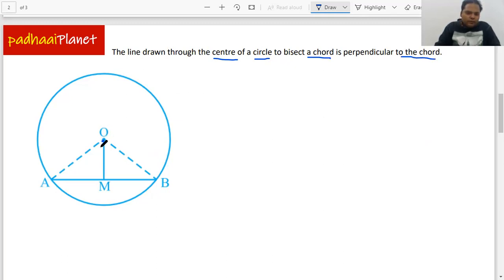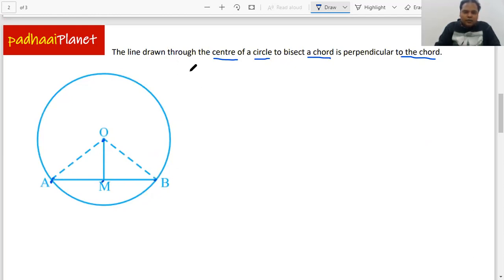So if we have a line OM drawn from the center O of the circle, and it is also bisecting the chord AB.